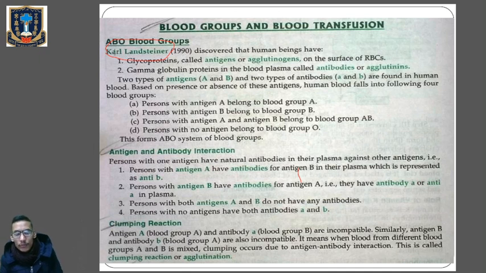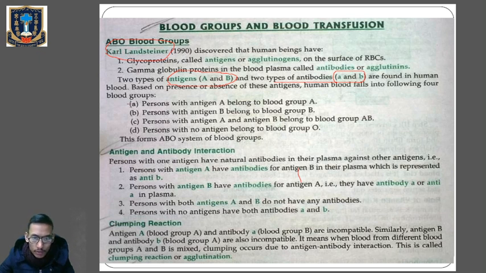Now there are two types of antigens and two types of antibodies. Listen very carefully: the two types of antigens are antigen A and antigen B, capital A and capital B, and for each antigen we have a particular antibody. So we have two types of antibody, antibody A and antibody B. Based on the presence or absence of these antigens, human blood has been classified into four types.